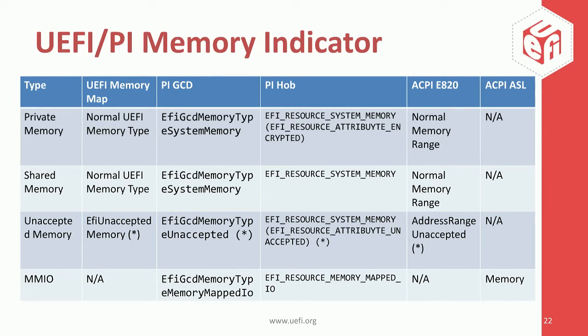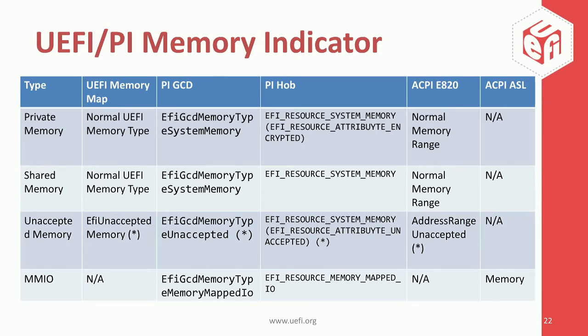The third, unaccepted memory, is a special one. The TDVF needs to report the unaccepted memory to the OS because TDVF might not convert all unaccepted memory to private. Then this work is left to the operating system.